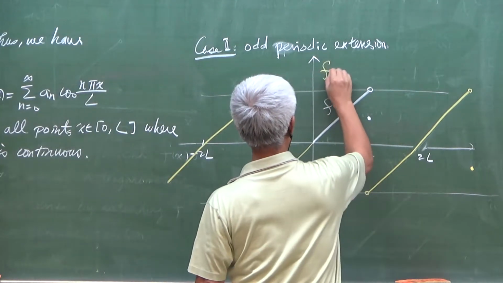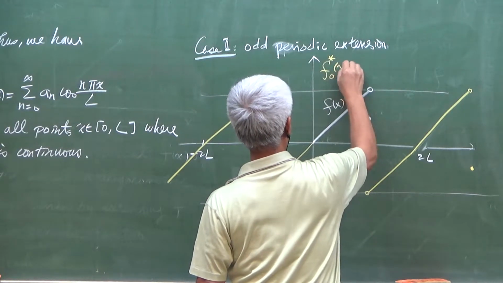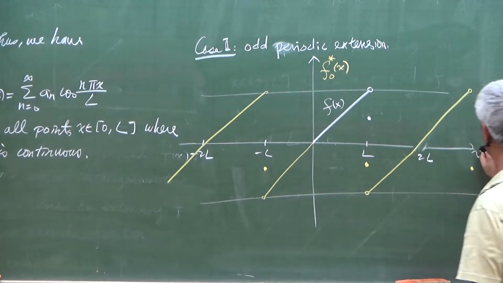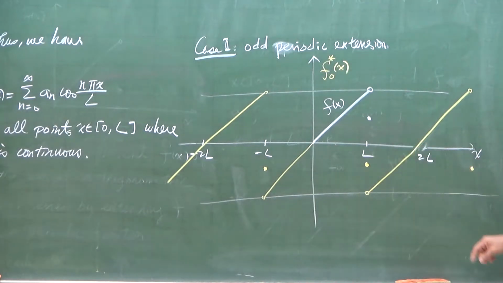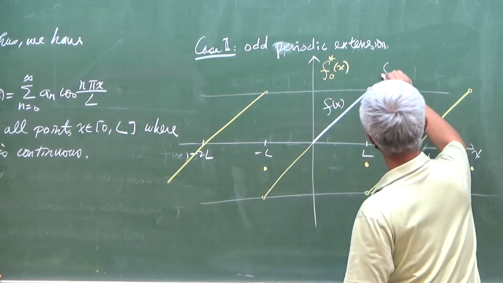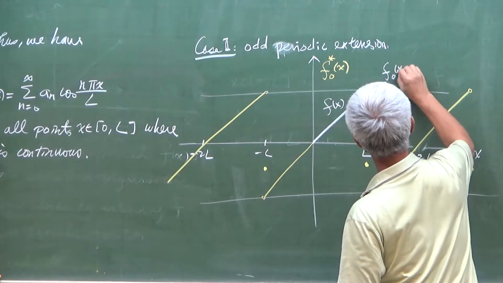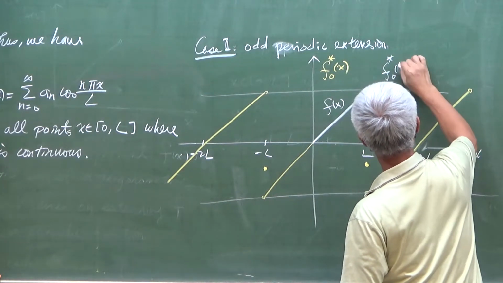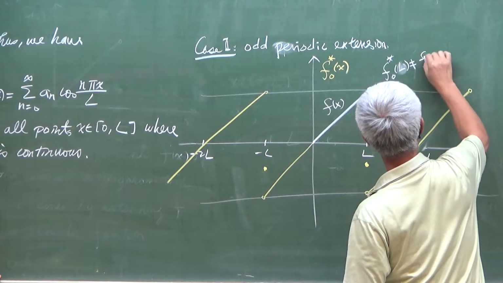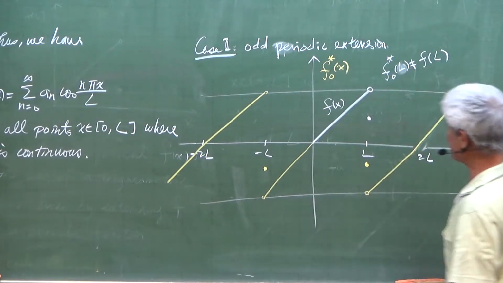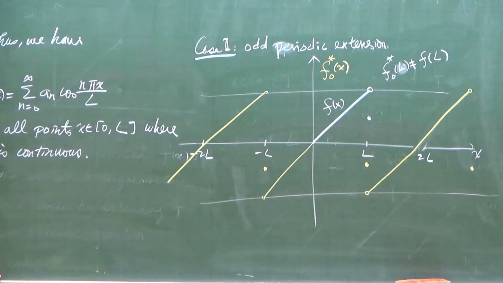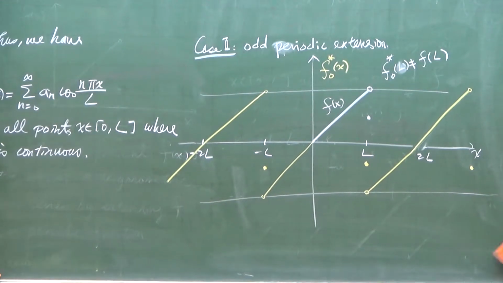Right. So we have f of x. So you can observe that here f odd x star at L is not equal to f at L. It's possible. But they may be distinct at one single point. It's possible. Okay? It's not in this case. But that's fine. They are different at one point.